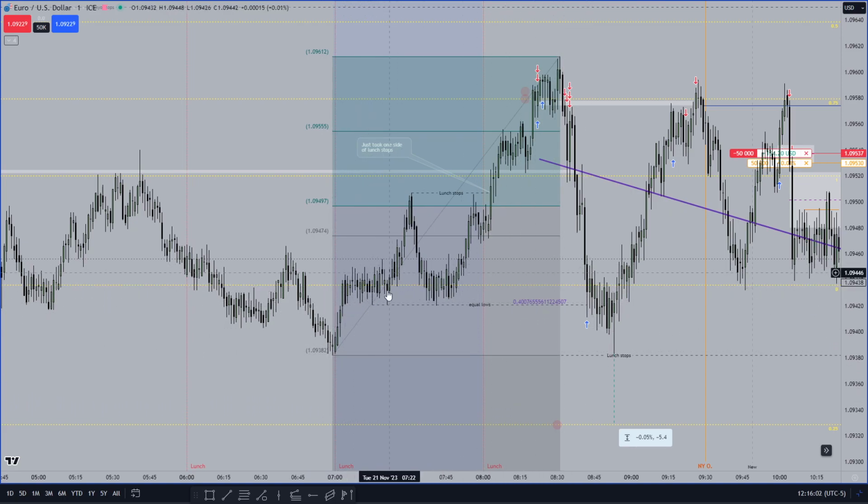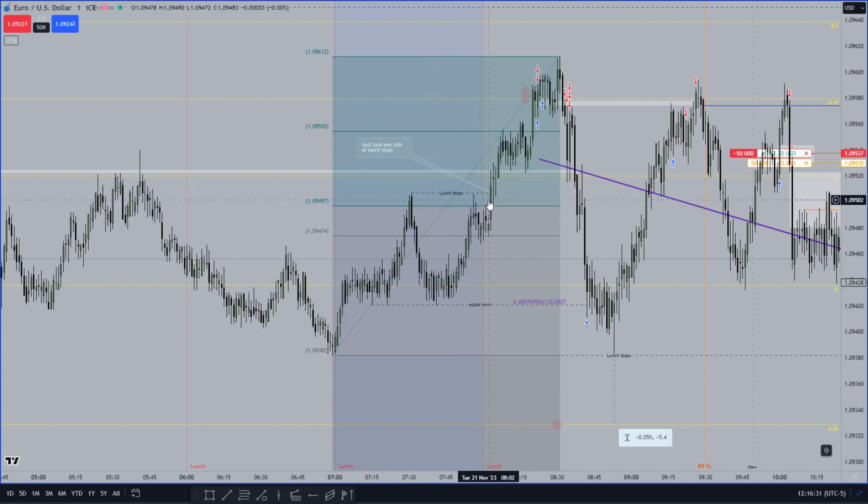Then we have some equal lows, and let's say traders just watch the reaction when they come back from their lunch, and they say okay, some resistance, so it makes a higher high, breaking also these lunch stops of the buy side, the buy side part of the range of the second part of the European lunch.